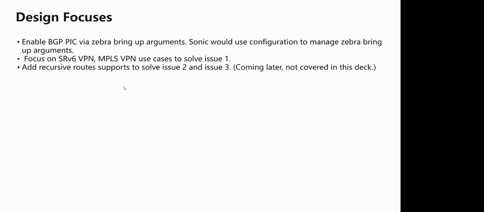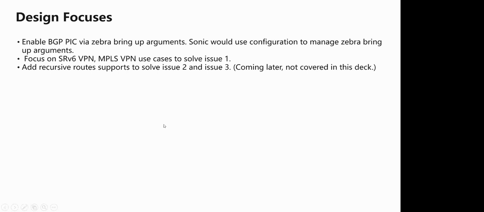We just bring up zebra in the default mode, which is the current behavior, but we allow bringing it up in another mode to enable BGP PIC. Then SONiC can use the config to manage this during bring-up time, so based on config we can have a different bring-up argument for zebra.